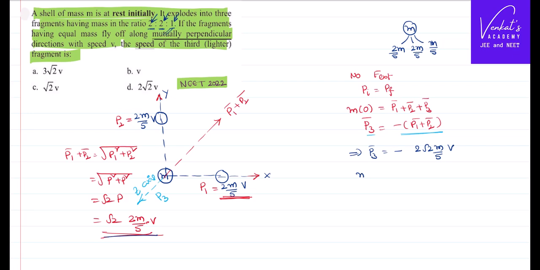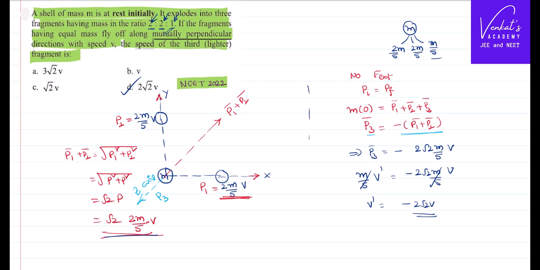So P3 is m3 v3, m3 is m by 5, and velocity v dash we have to find out, equals minus 2 root 2 m by 5 and v. m by 5's can be cancelled. So v dash equals minus 2 root 2 v. Of course minus is purely symbolic, which is not mentioned in our options, so you cannot choose that minus. 2 root 2 v is the thing that we can choose.